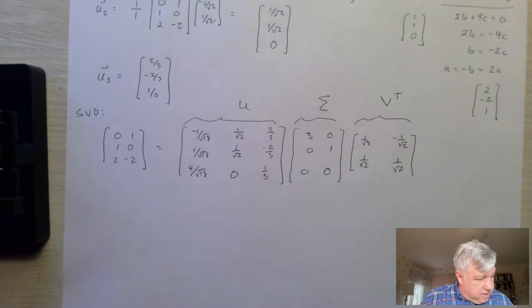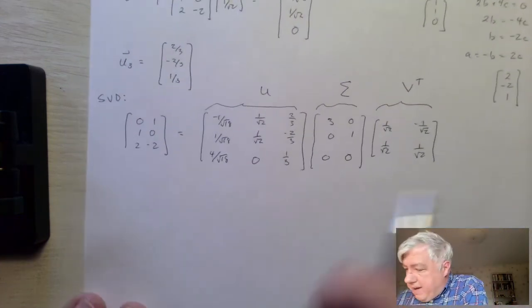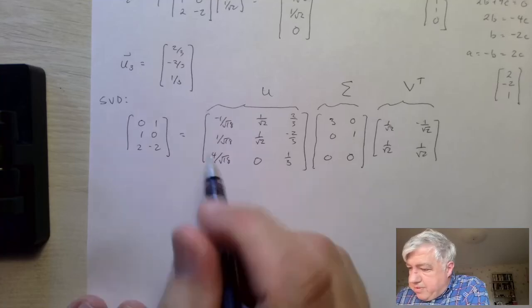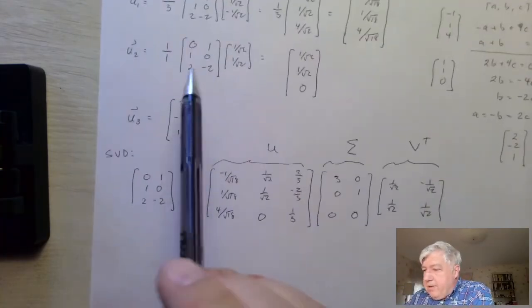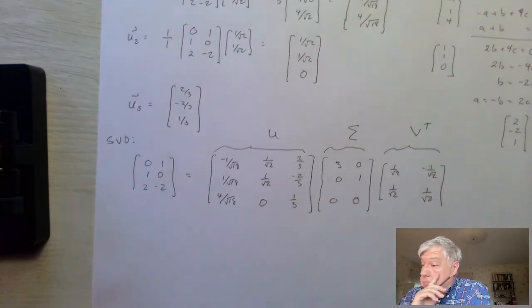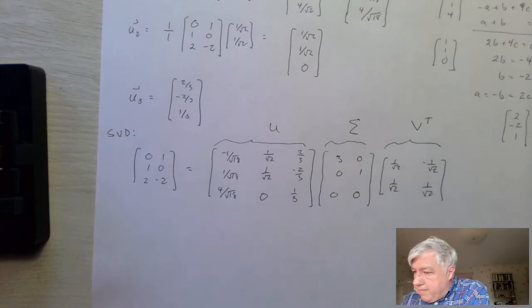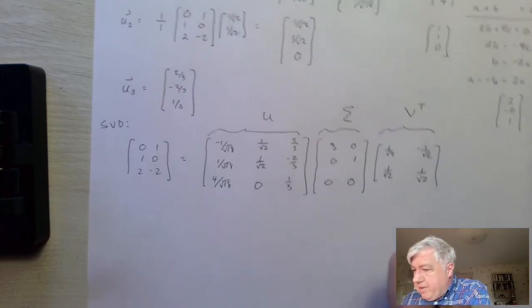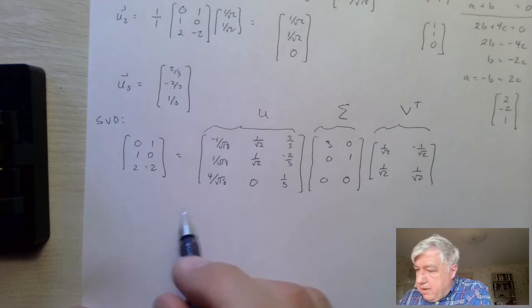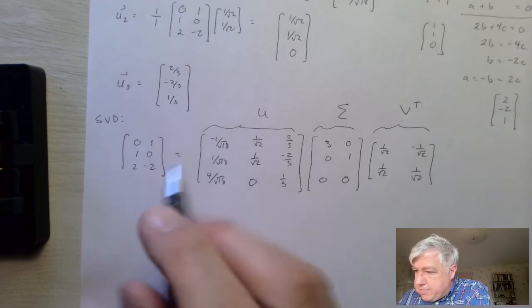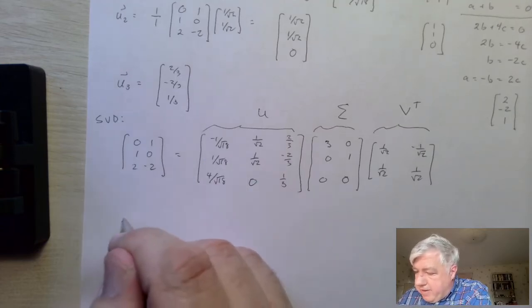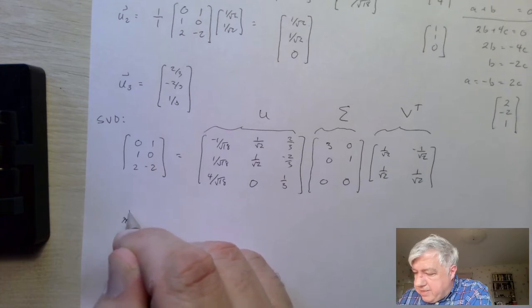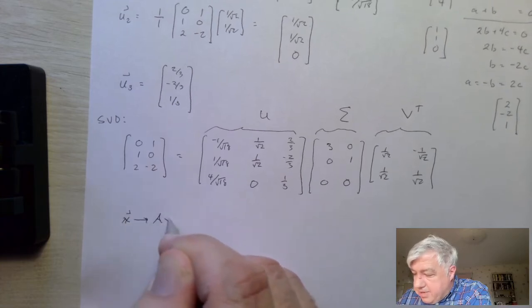Let me just say one thing about this map. The matrix A corresponds to the map that sends x to Ax.